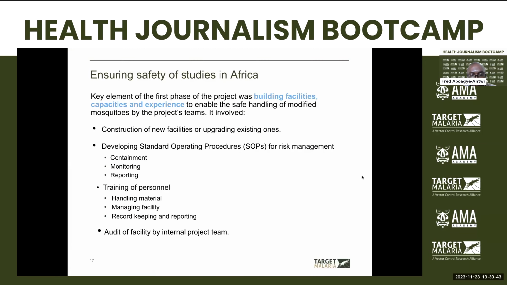Next slide, please. And so when it comes to the first phase of the work of Target Malaria in Africa, it involved the building of infrastructure and the building of capacity, as well as expanding on the expertise of persons that will be working on the mosquitoes to ensure that they handle the modified mosquitoes safely.